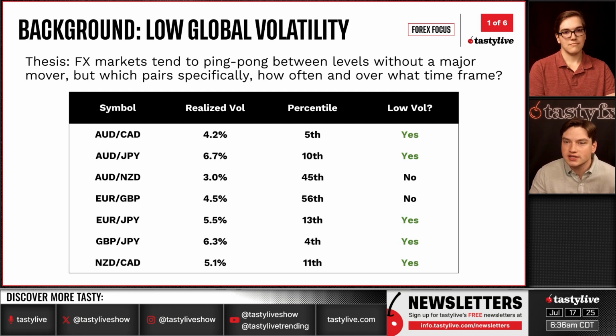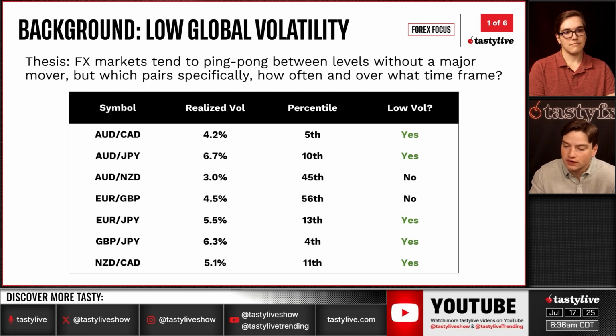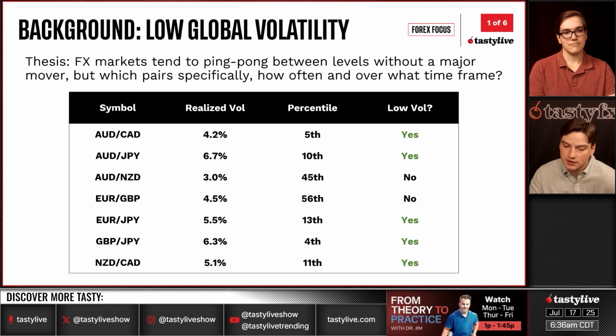To contextualize that, in all except the Australian dollar, New Zealand dollar, and the euro pound, which are in the middle of their range, the others are very low in the percentile column. This low vol column analyzes whether this percentile is under the 30th percentile or not, and that's how we're going to measure our low volatility environment. So we're seeing 5 out of the 7 pairs in this low volatility environment.